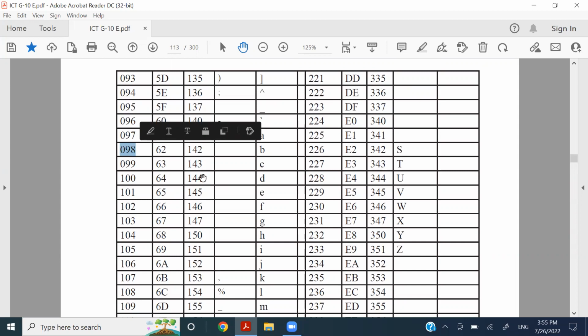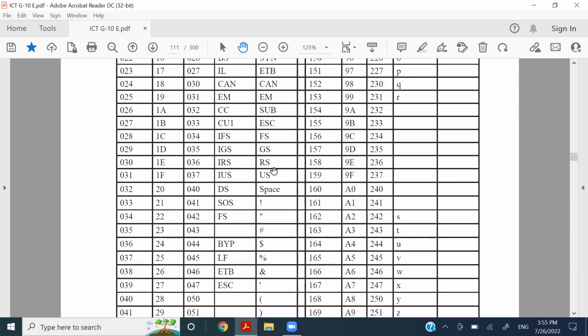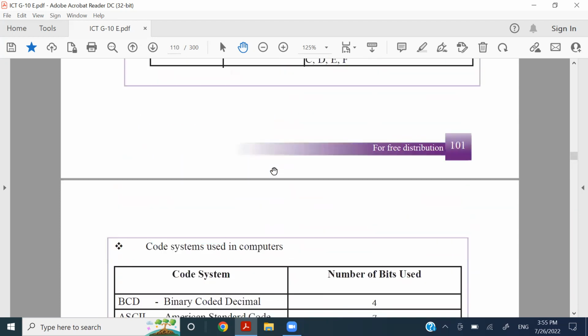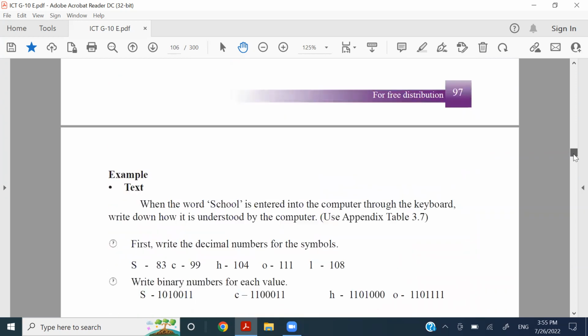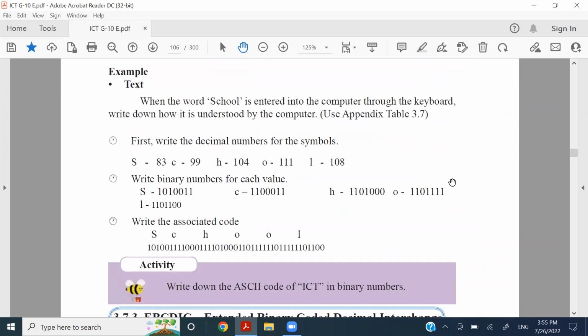So that is the basis they have used to represent the word school over here. All right, look at that. They're asking you to represent the word School, with capital S and the other letters small. So capital S is represented by 83, right? That means capital S is represented by ones and zeros which represent 83 in decimal.